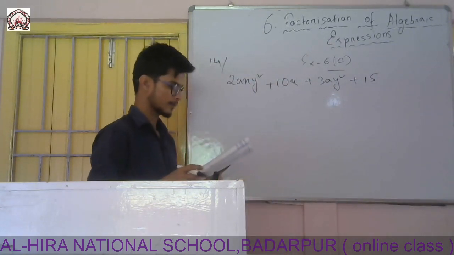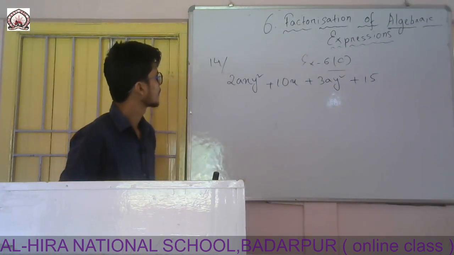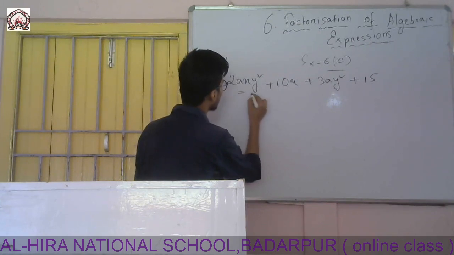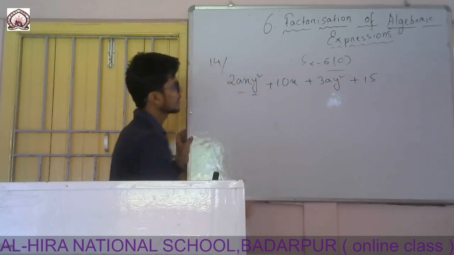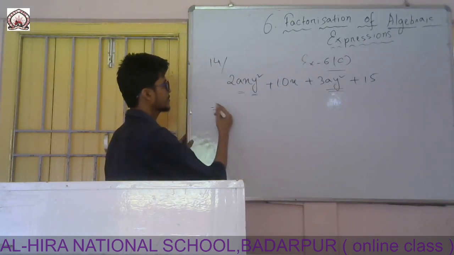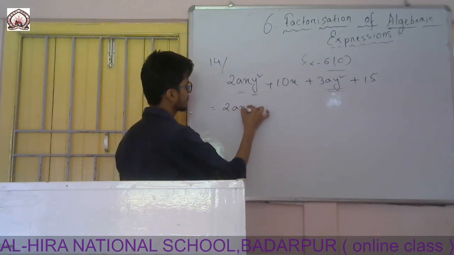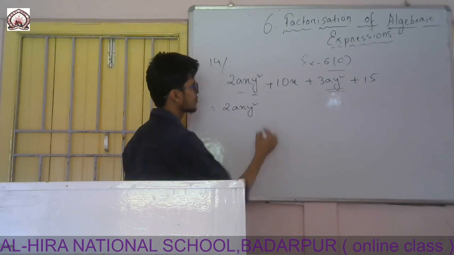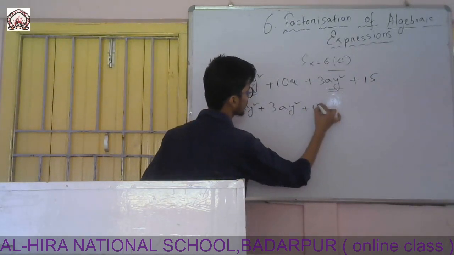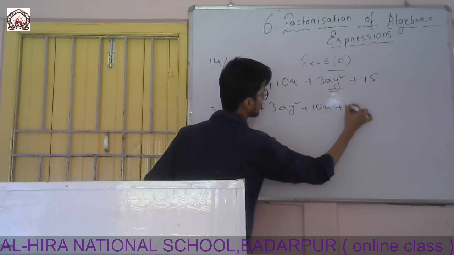Okay. So you see here, there is a y square, a and y square, and there is also a y square. So I can arrange them so that I can take the common term a y square. So there will be 2axy square plus 3ay square, then plus 10x, and there plus 15.